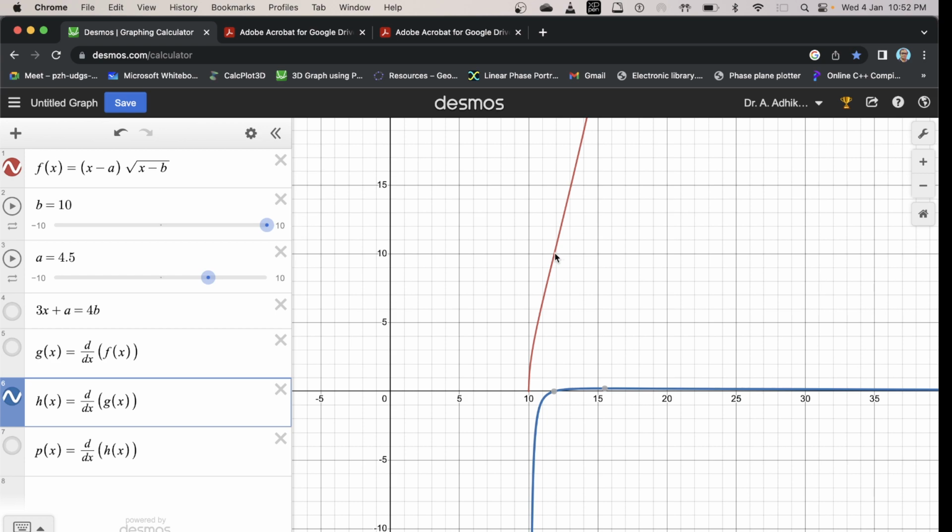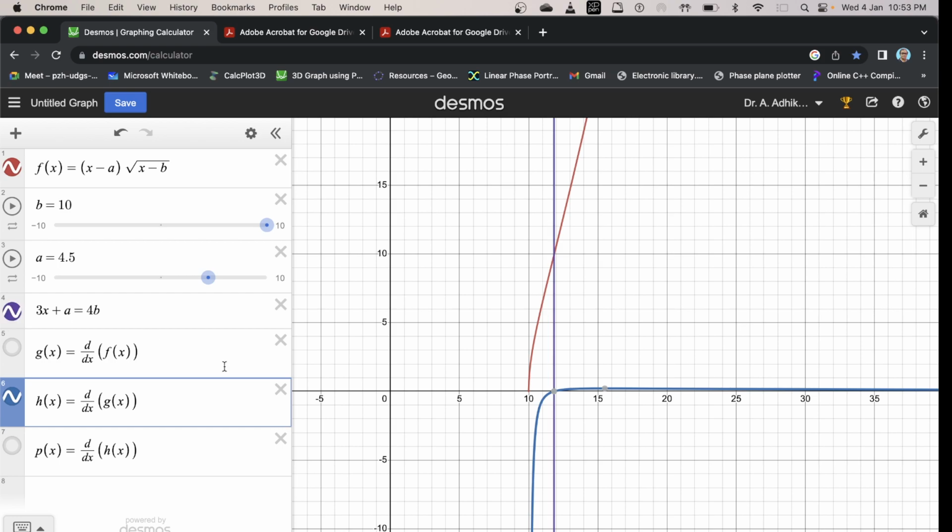So this is the point of inflection, and this portion is concave downwards, and after this the branch is concave upwards.